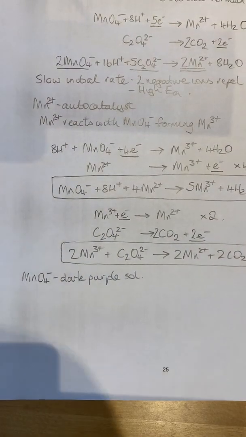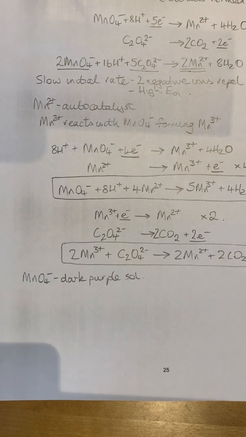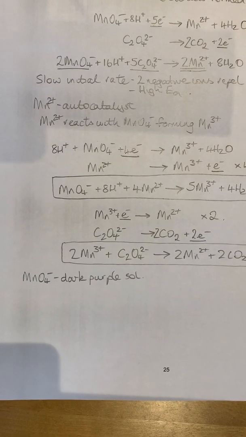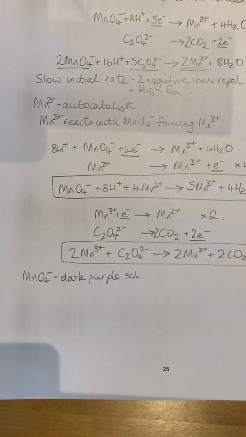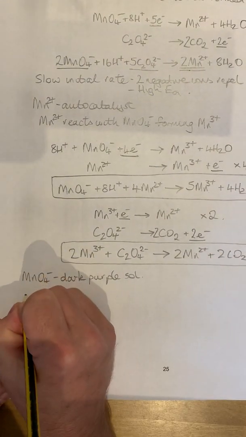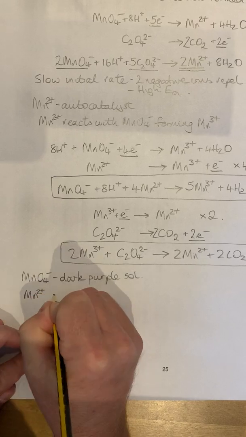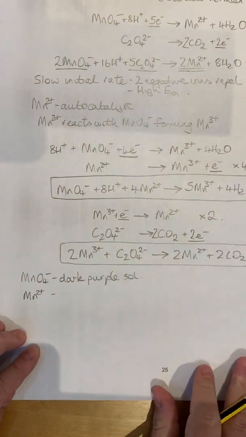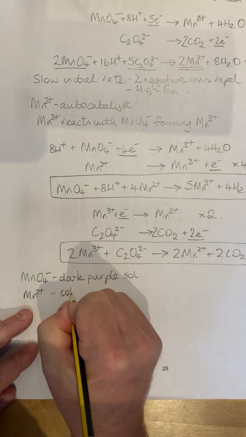It essentially looks like a neat Ribena. So it's a very dark solution, very little light passes through it. You can't see anything through the background of it. But when it gets converted into Mn2+, now Mn2+ does have a hint of a colour, but to all intents and purposes, it's essentially colourless.